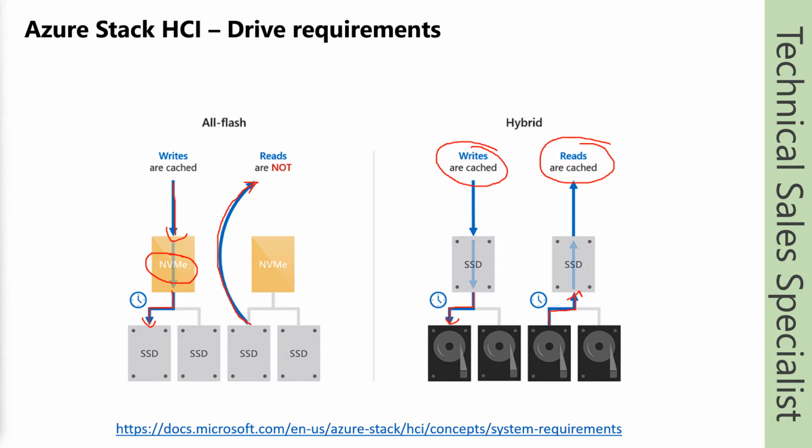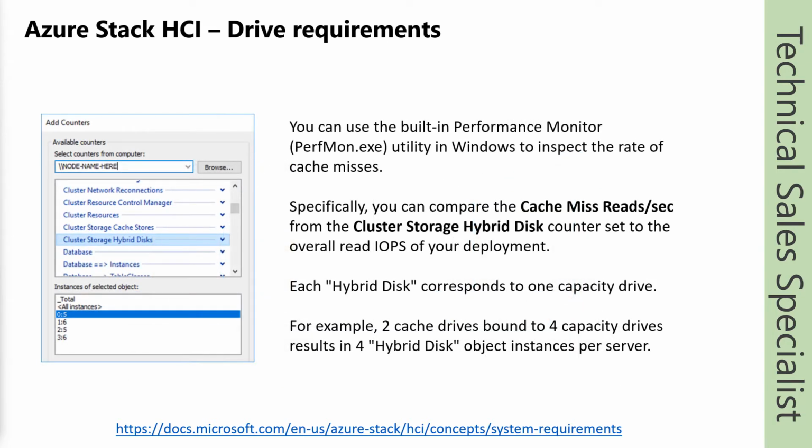When you want to have a look at this configuration, you can do this in the perfmon, because there will be additional counters for this cluster storage hybrid disks. What we have seen are hybrid disks, and these disks are visible in the perfmon where we can get the counters to see the throughput.